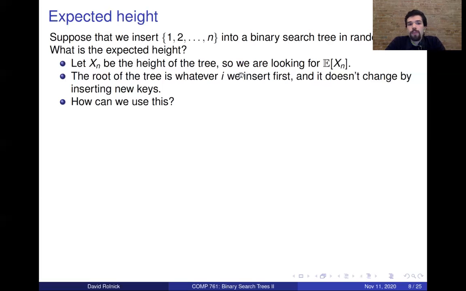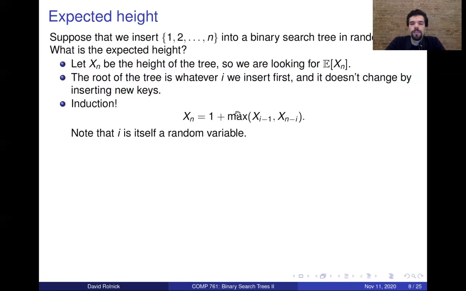We can look at the things on the left and right subtrees. In particular, the left-hand subtree is going to contain the numbers 1 through i minus 1, assuming we've picked i as the root. And the right subtree is going to contain n minus i different numbers.